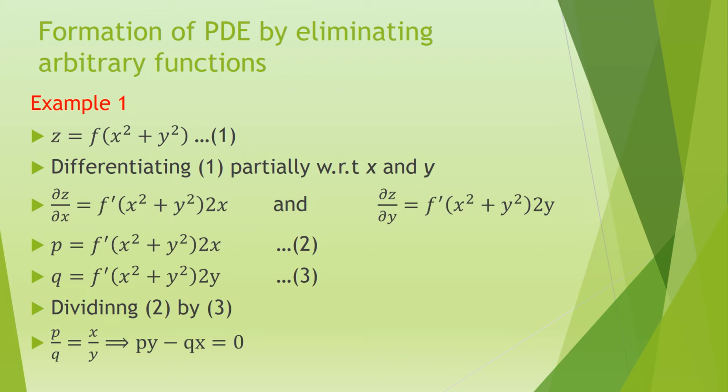So what we get? P by Q is equal to X by Y, because f dash from equation 2 as well as f dash from equation 3 cancel when we divide. So P by Q equal to X by Y. That is Py minus Qx equal to 0 as the required PDE, or Py is equal to Qx.